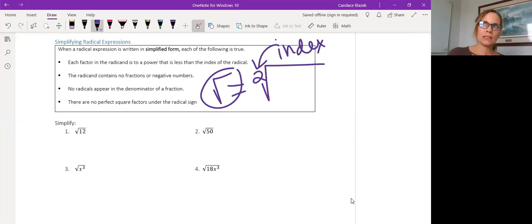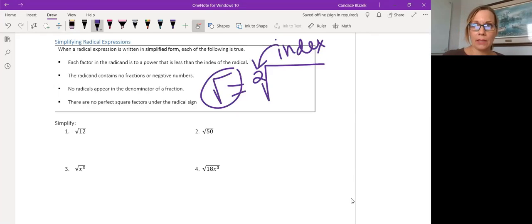So when you do not see that number in that little elbow of the radical, we know that the index is a 2. So this first property states that each factor in the radicand, which is underneath the square root sign or the radical sign, has a power less than the index.